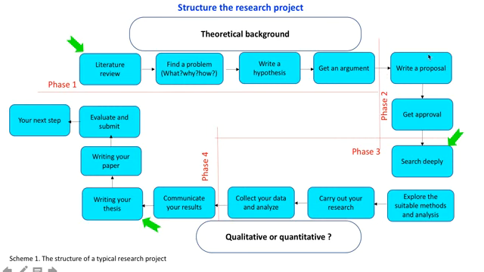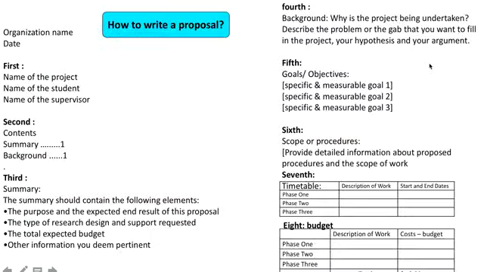here you need to enter into the second phase where you will write your proposal, and these are the points or steps that we illustrated before, and this will definitely help you to write your proposal.